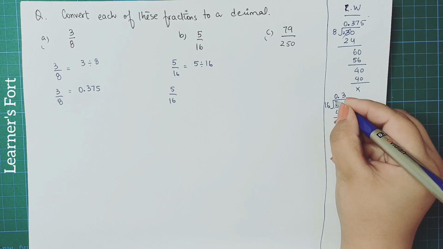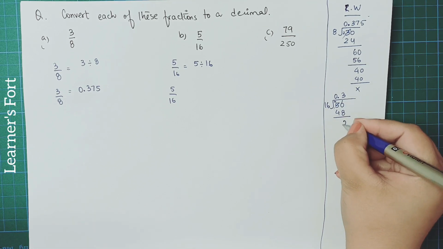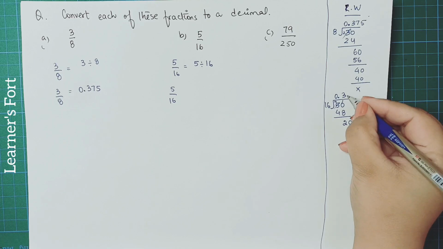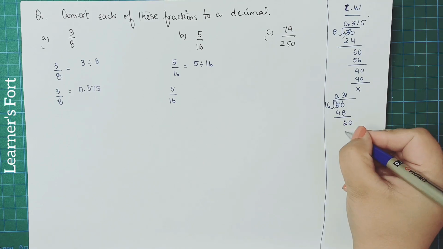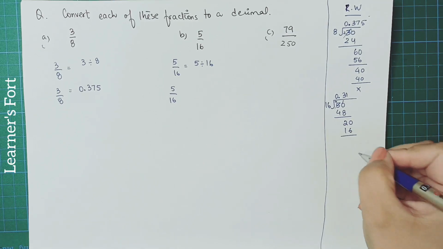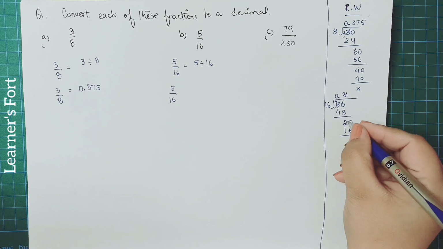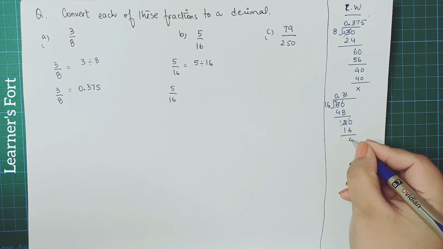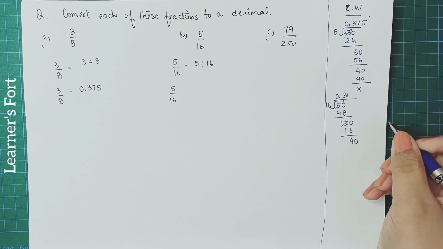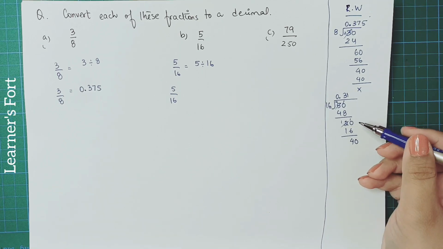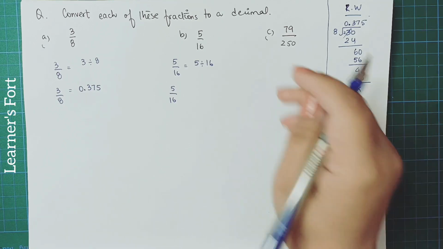Now after subtracting, we will be left with 2, and we're going to put 0, and then again we're going to put 1, and we're going to write 16. So after subtracting, we will be getting 4, and then again 0. Here 40.